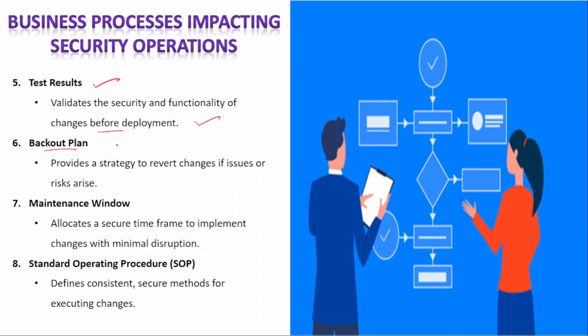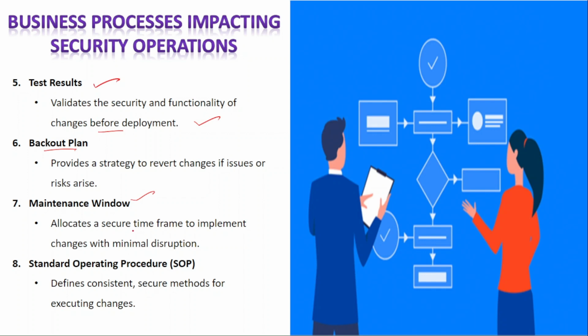So even after testing, if you implement the change and there are some issues, you must have a backup plan or a rollback plan so that you can quickly shift to the previous state and resume the operations without disruption or downtime of the services.